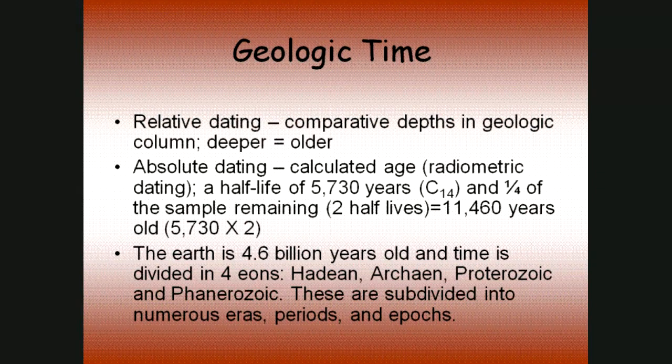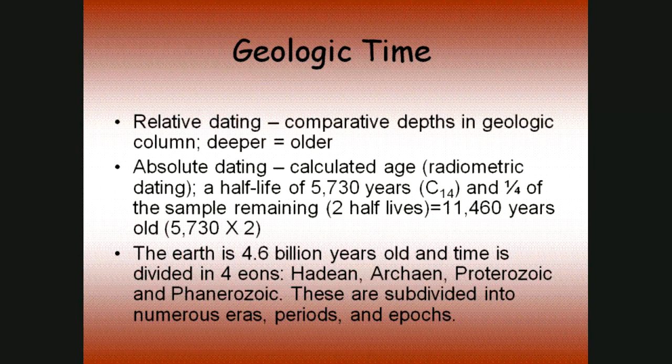If you found things at different comparative depths, one thing at a depth of 600 feet and another one at a depth of 100 feet, you would assume that the one at 600 feet is probably older. It was laid down before the one at 100 feet, right? So that's what relative dating is. It's how old things are relative to one another.